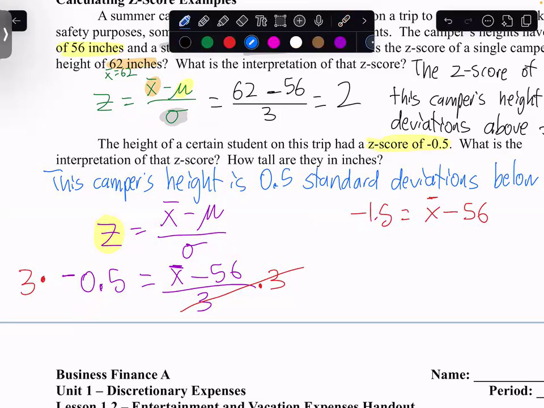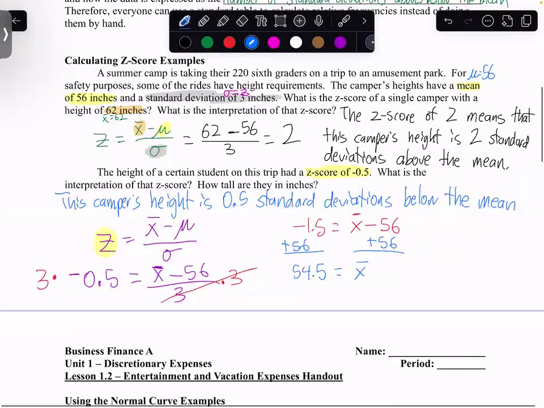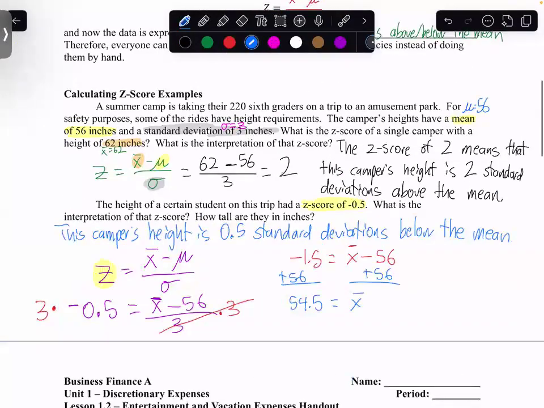Then to get rid of the minus 56, we add 56 to both sides of the equation. Okay, so we now have the height of the student.